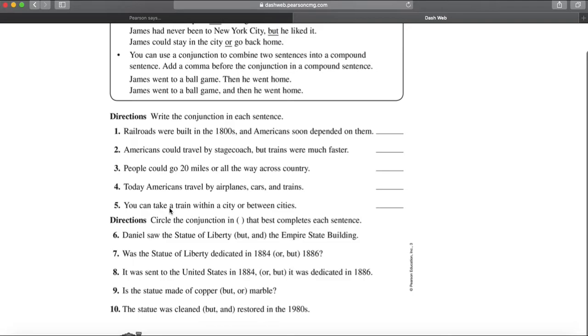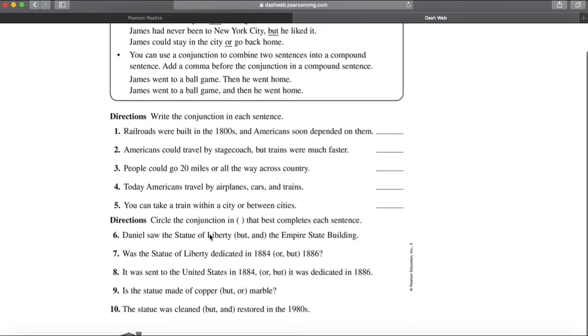Excellent. Now from question number 6 to question number 10, we should circle the conjunction. So we should choose which of the conjunctions fits perfectly in the sentence. Okay. Now number 6. Daniel saw the Statue of Liberty, but, or, and the Empire State Building. What do you think the answer is?